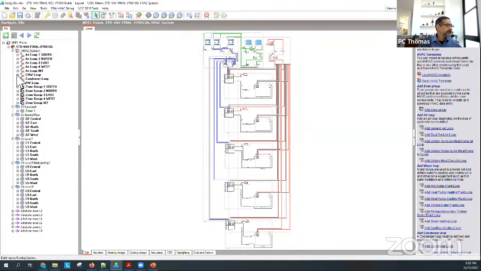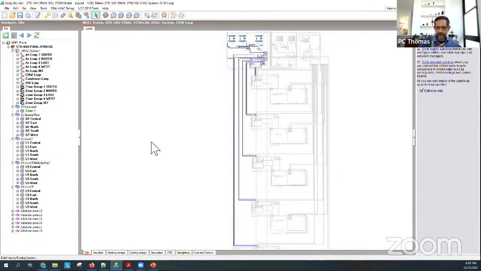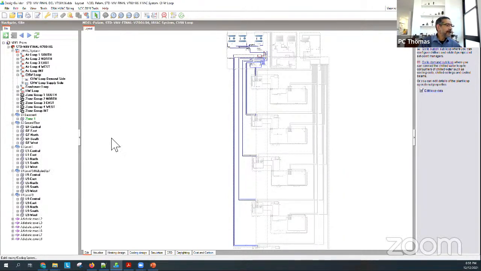Okay. So you can see here chilled water loop. And DesignBuilder will show you just the chilled water loop. If you open the box up, then the chilled water loop has got 2 sides to it. There's a supply side. So there's something that makes chilled water and supplies it to the building. And then there's a demand side. So something is demanding chilled water.